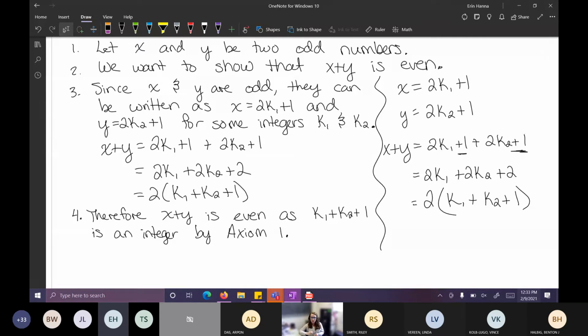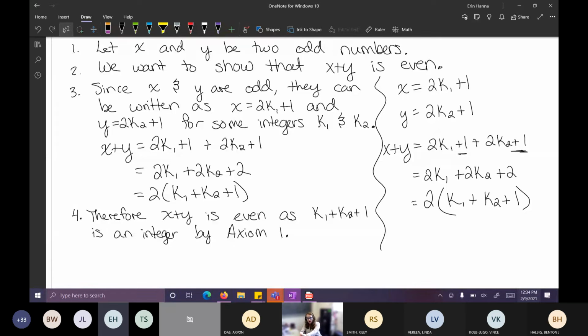So we started with 2 odd numbers. We used the definition of odd to write them as some 2k sub whatever plus 1. We want to show that they're even, so we start by adding the 2 generic things together. And we try to algebraically manipulate it into an even number, which has to be 2 times something.